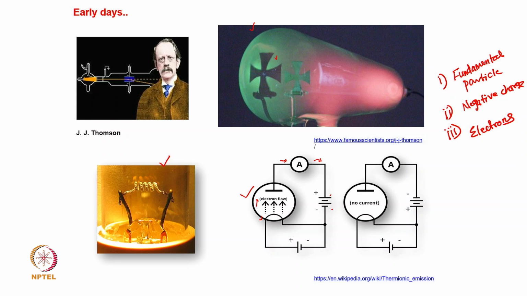Now you reverse this potential, that means you connect negative to this electrode and positive on the other side, then there is no current. This particular experiment actually triggered a complete technology in electronics, which is known as vacuum electronics.